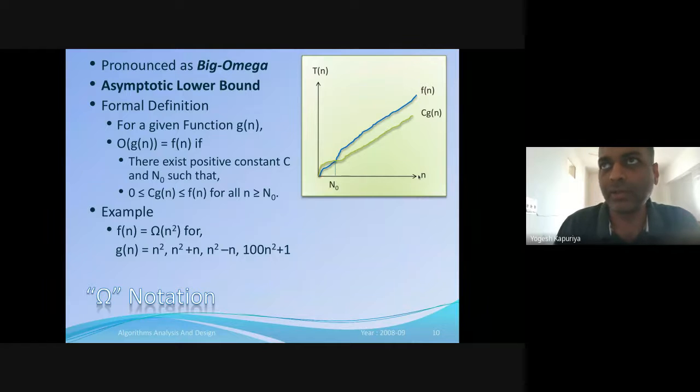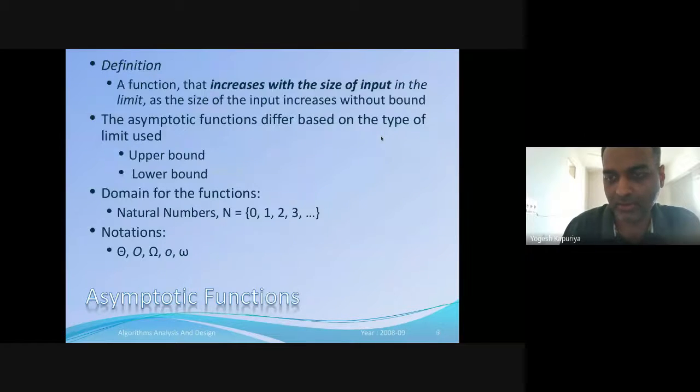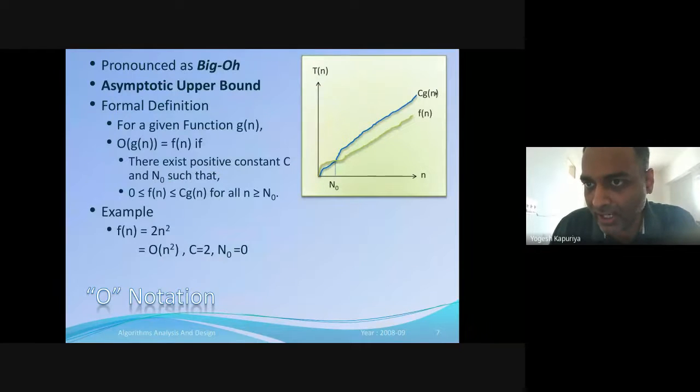But still, we always used to compute the tight upper bound. So you should try to find out that value of Gn which is as close to this as possible. So we used to compute the tightest upper bound similar to here. When you say that Cgn is greater than Fn, any function you take over here is always going to be greater than Fn.